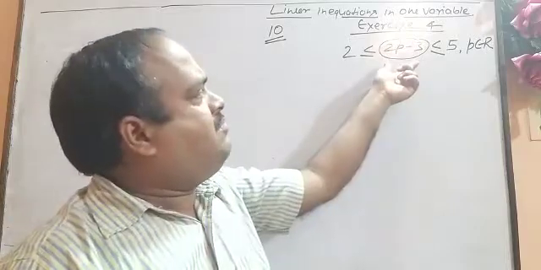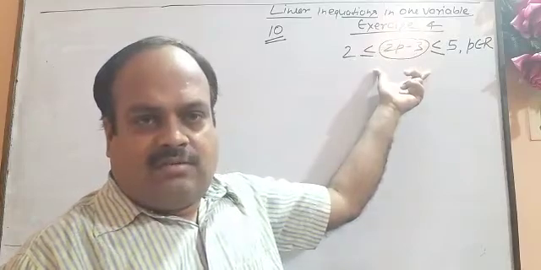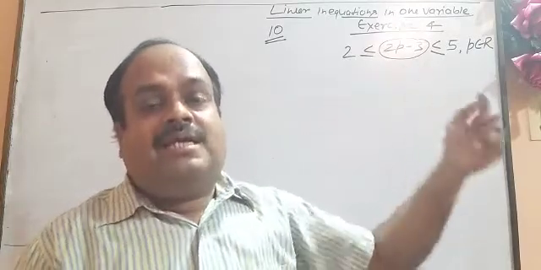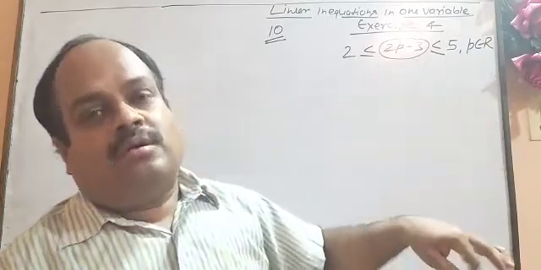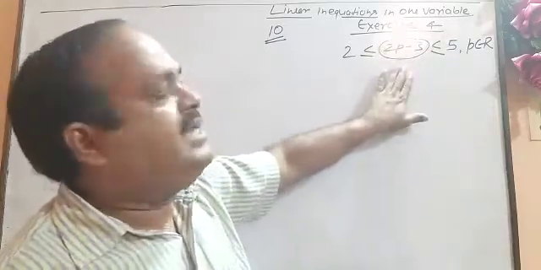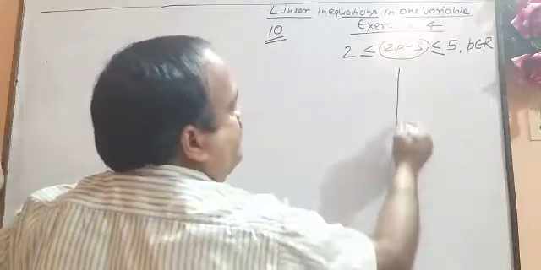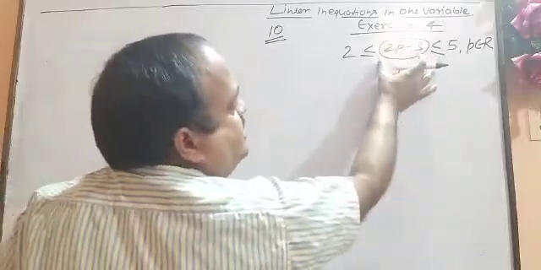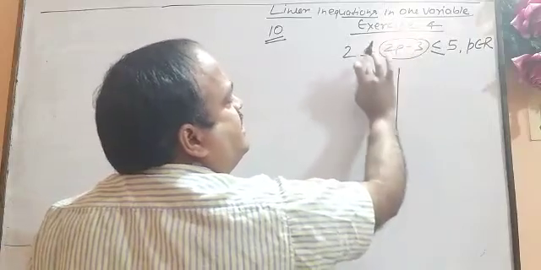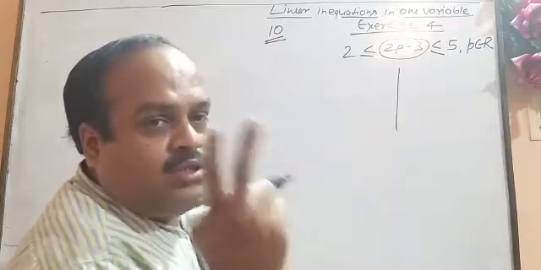The statement which is there in between the symbols plays an important role. This statement helps us to split this inequation into two inequations. This statement which comes in between the symbols helps us to get two inequations.